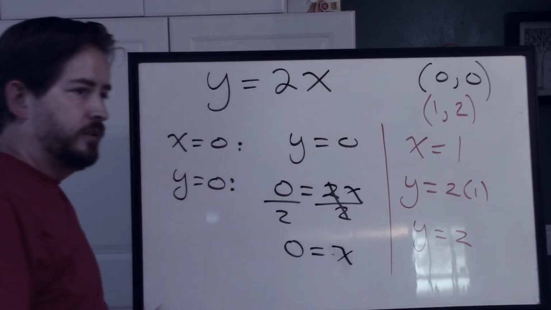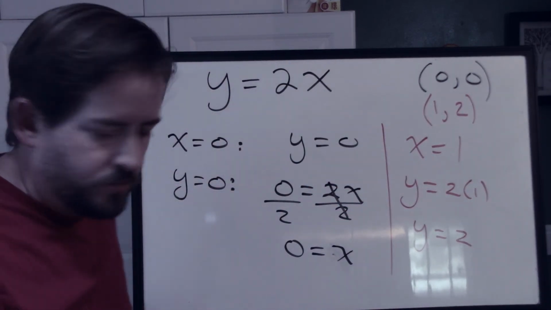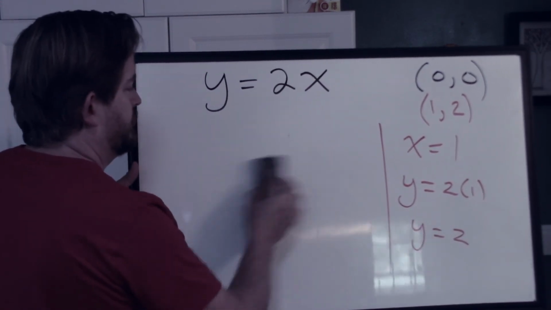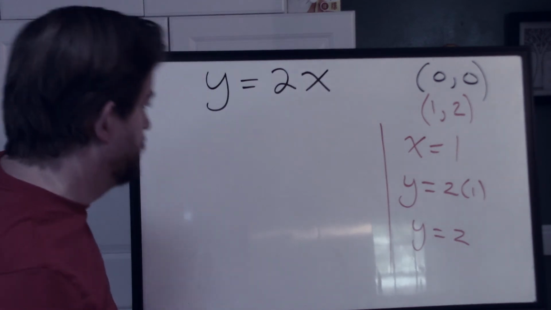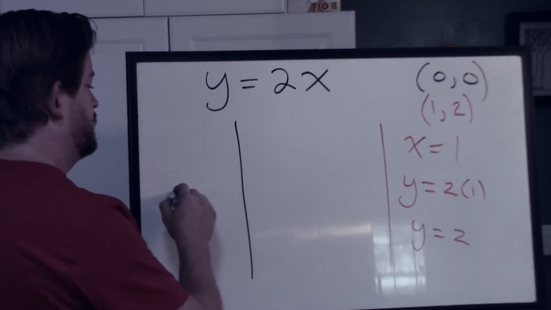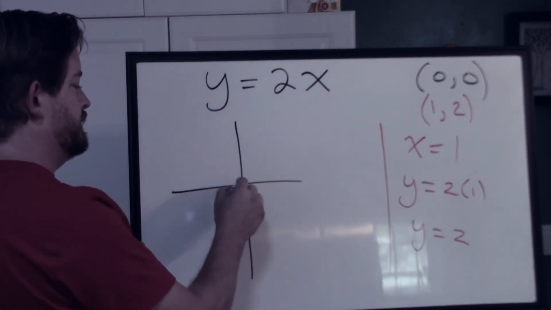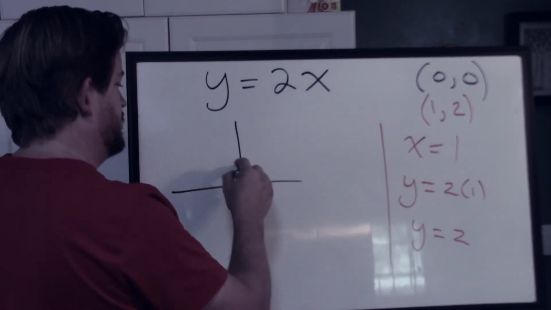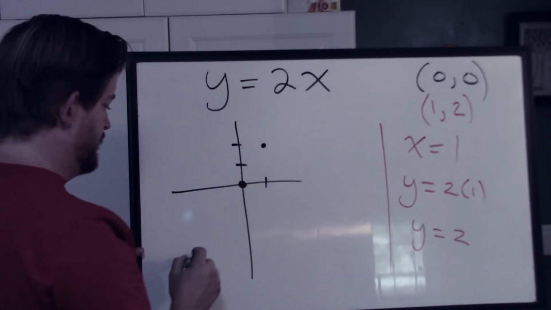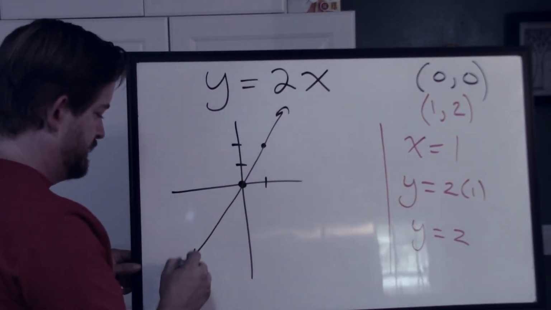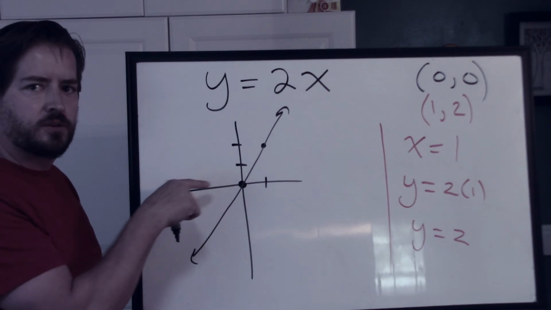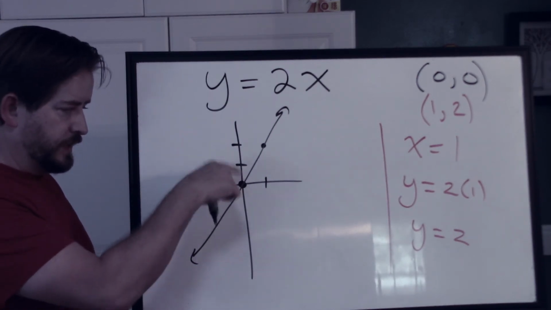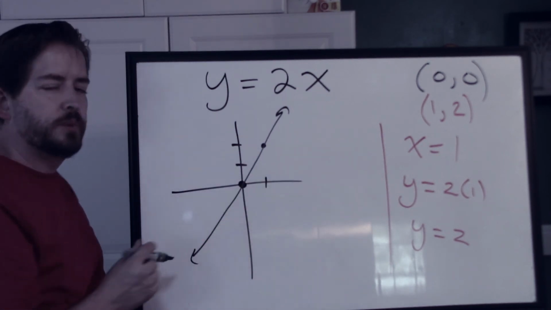Let's graph this and see why this did what it did. I have the point (0, 0), that's here, and I have the point (1, 2), which is there. That line has no other place where it crosses the intercepts, it's only there at the origin. It crosses both the x and the y-axis there, so you're never going to get another spot.